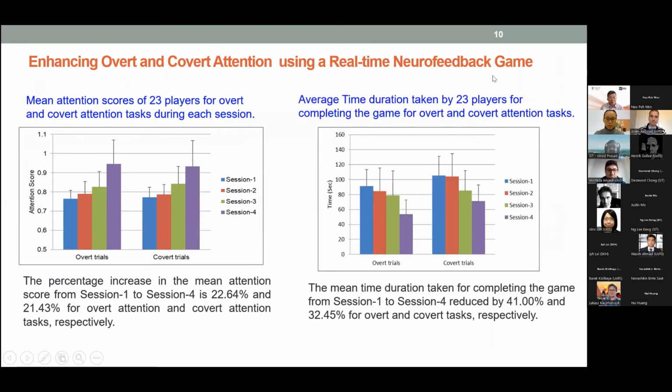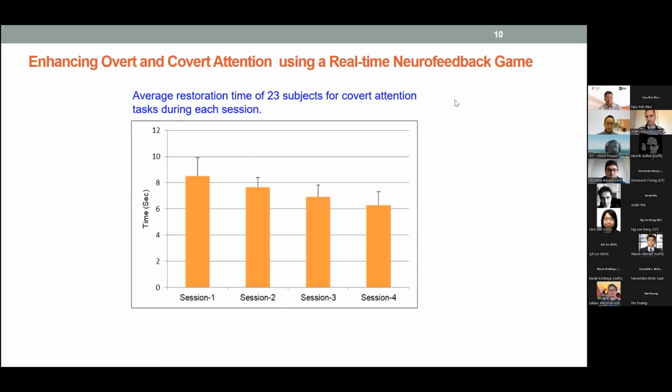And this is the time taken for completing the game. And as expected, you can again see that from trial 1 to the last trial, there is a substantial reduction in the time taken. Of course, we also have quantified the continuous attention score using different signal processing metrics like band power ratio, sample entropy scores, etc. And this is the restoration time taken when the covert attention distraction is introduced.